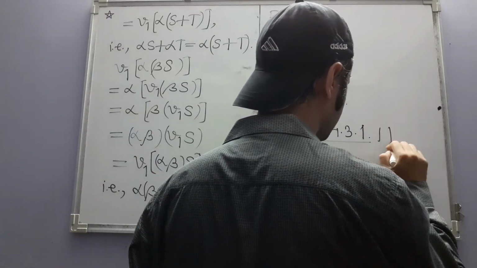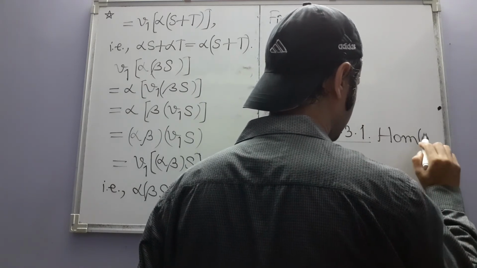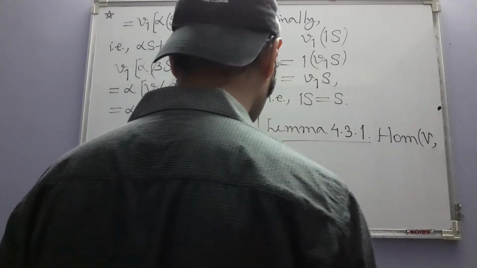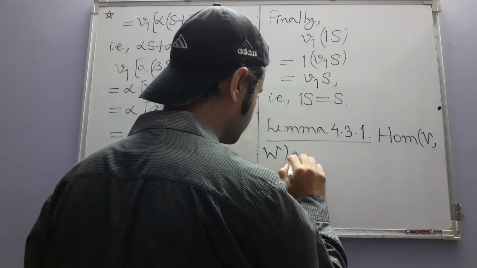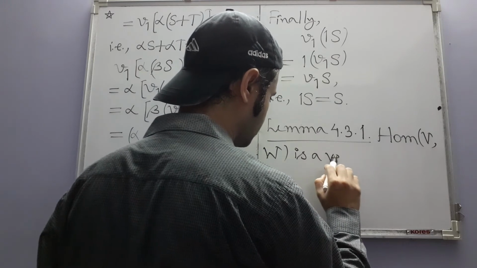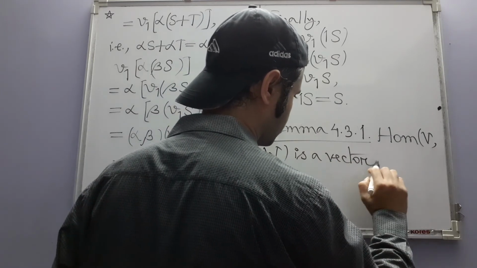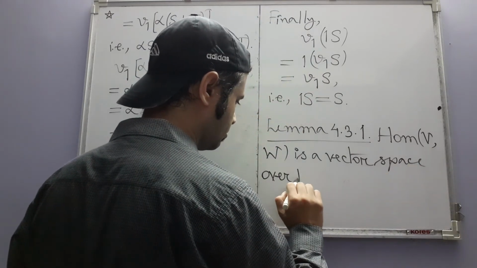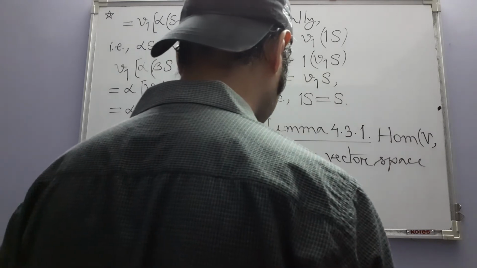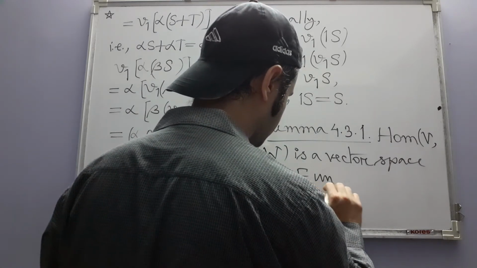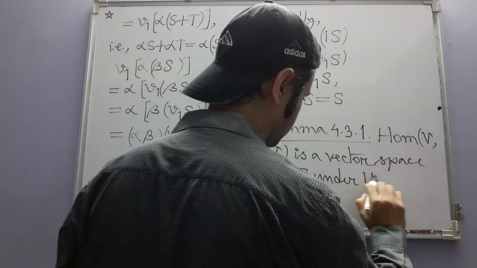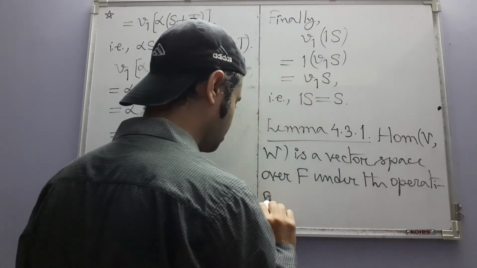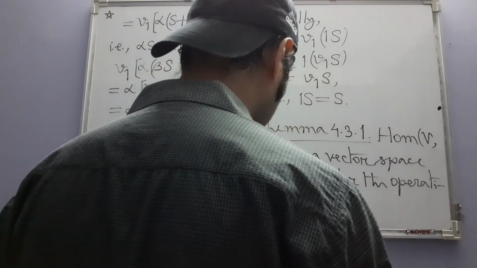And the lemma is just this: our set Hom(V, W) is a vector space over F under the operations defined above.